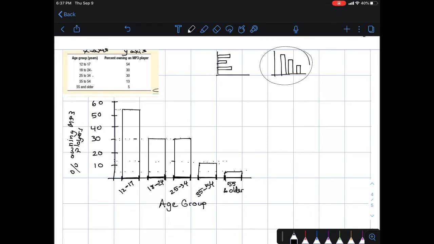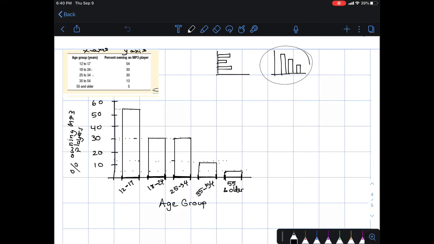Beautiful bar graph. As best as you can, same width, same spacing. All right, and labeled perfectly. I could read it, you could read it. The axes are labeled. The percents on the y-axis is labeled. Perfect. The second part of the question was asking you to describe what you see.